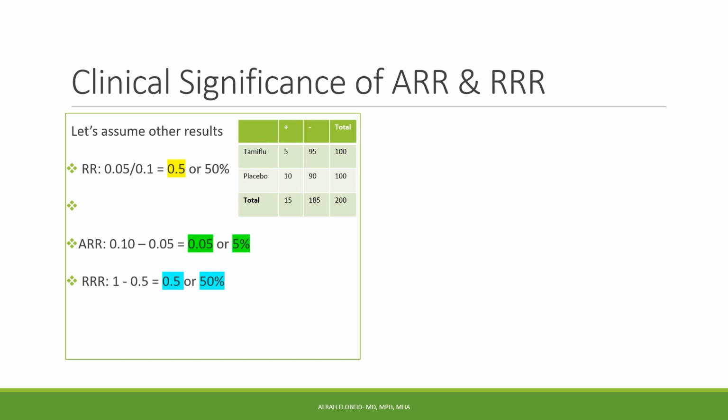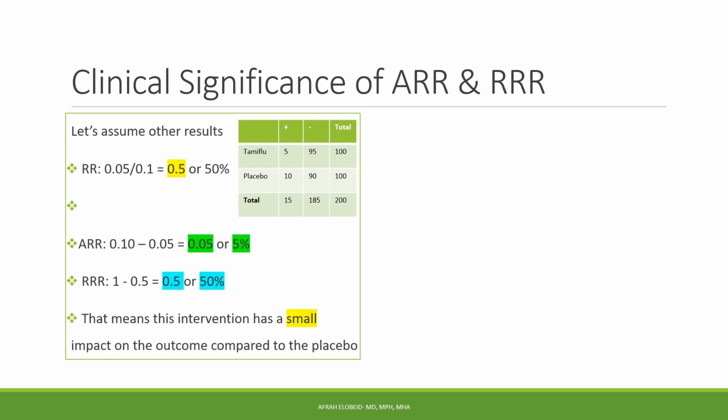So you can pause the video and do the math on your own, and you'll find these results. So the interpretation means we only have 5% absolute risk reduction. And absolute means this is the actual exact figure caused by the intervention that we are studying.